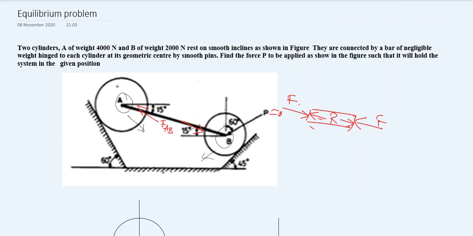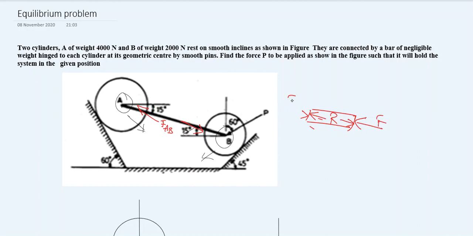Definitely, because it has 4000 newton weight and the other has just 2000 newton weight, this roller climbs up the plane and this roller comes down the plane. So because of the force P, it is held in equilibrium. So what is the required value of P? We must keep on roller B. That is what we need to find, right?